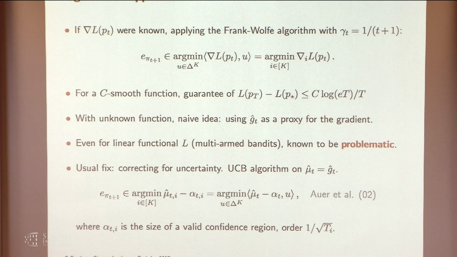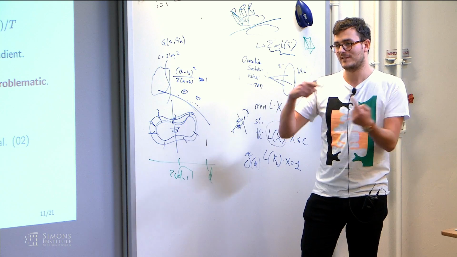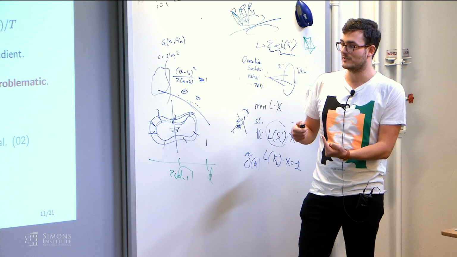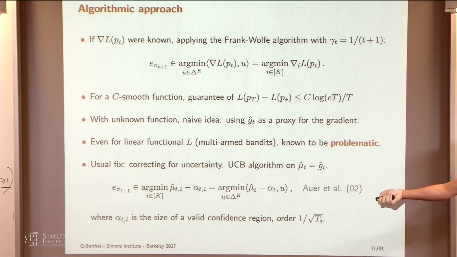So the usual fix in multi-arm bandit is to correct for uncertainty. You don't look only at the gradient that you have, but you look also at the set of statistically feasible gradients in some sense. Right? So you take into account the uncertainty, so you take a valid confidence interval or region for any coefficient.